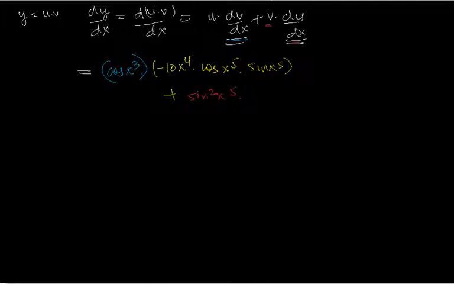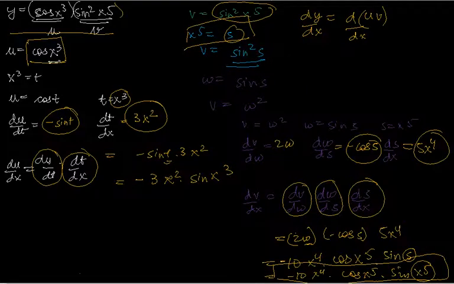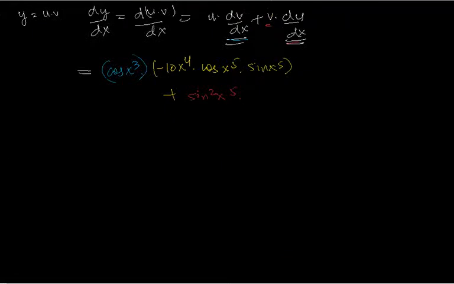Now what is the value for du by dx? It is this: minus 3x square sine of x cube.